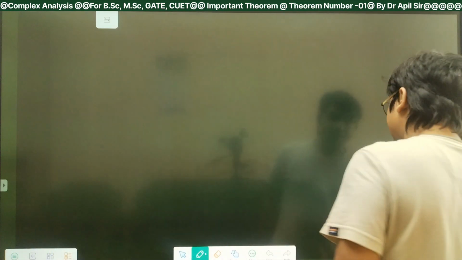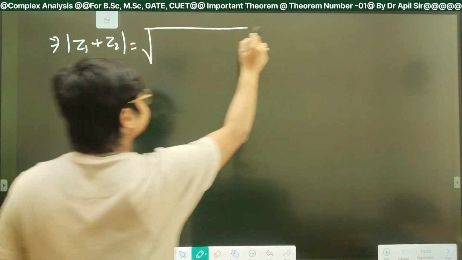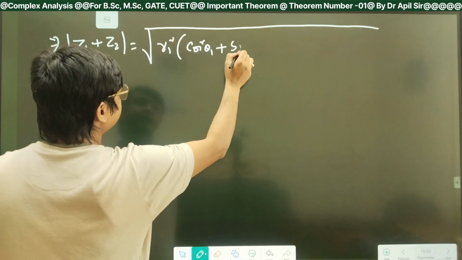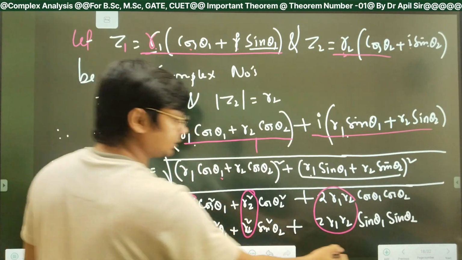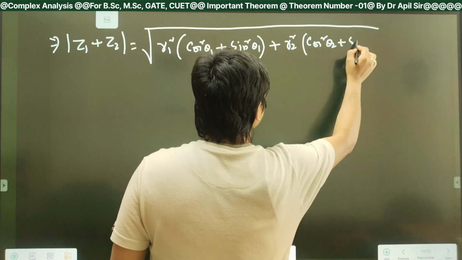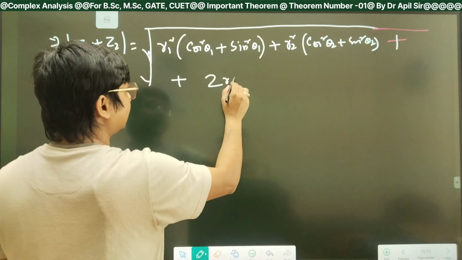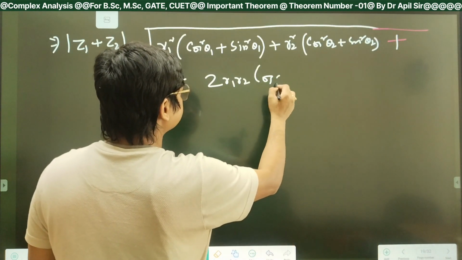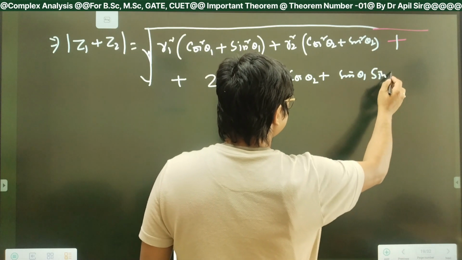If we simplify, we get R1 square times cos square theta 1 plus sin square theta 1, similarly R2 square times cos square theta 2 plus sin square theta 2, plus twice R1 R2 times cos theta 1 cos theta 2 plus sin theta 1 sin theta 2.